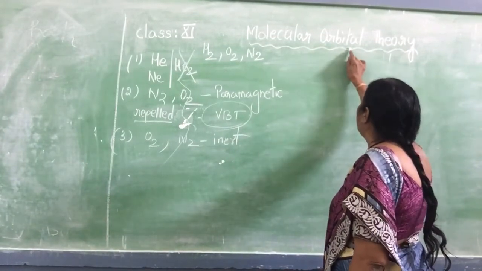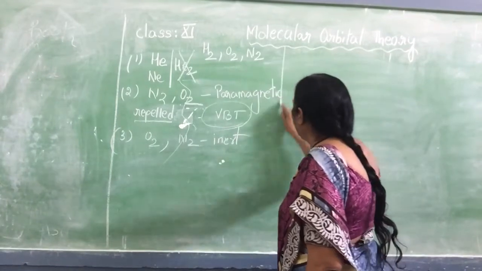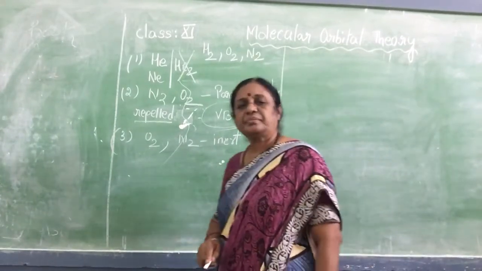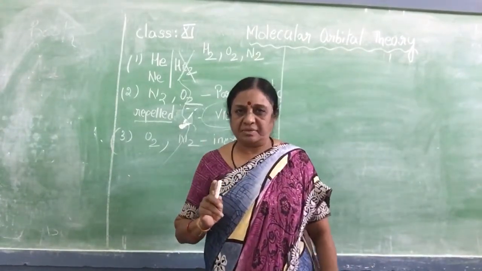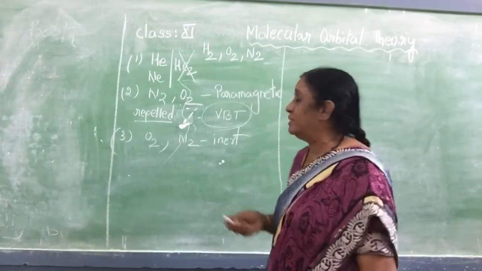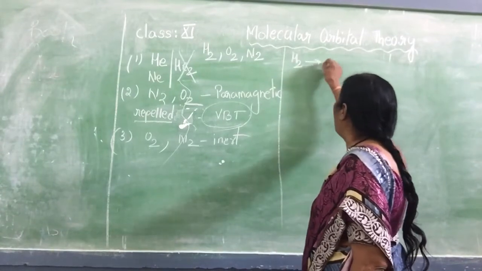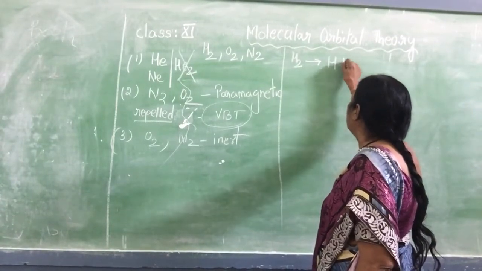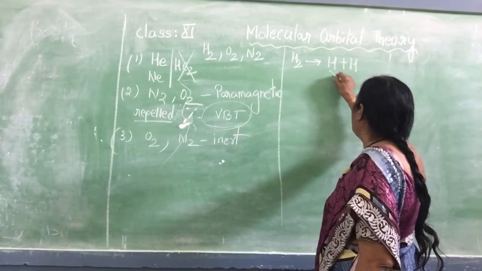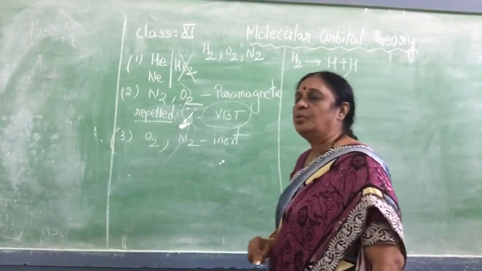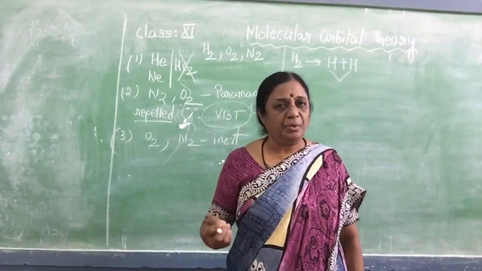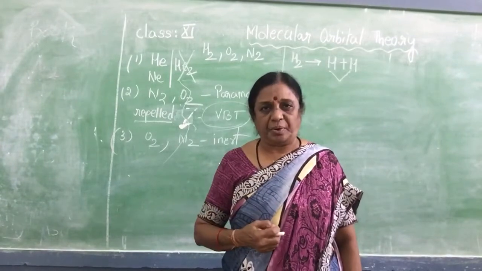Now according to this theory, two atoms when they combine together, take for example hydrogen. Now hydrogen, how is the molecule formed? By the union of two hydrogen atoms. Two hydrogen atoms combine together to form an H2 molecule.